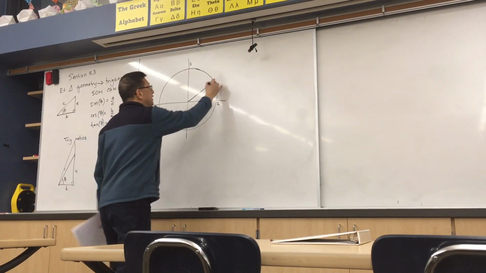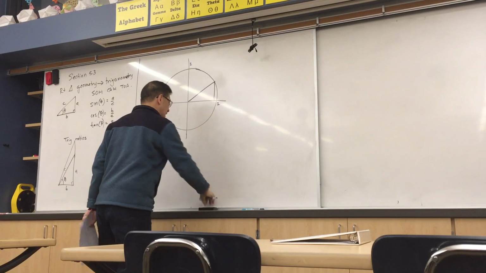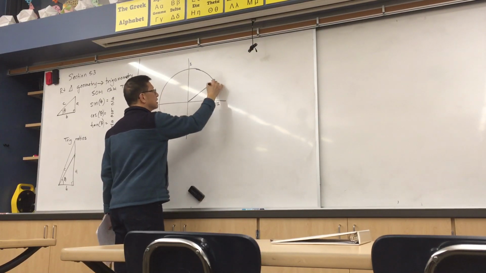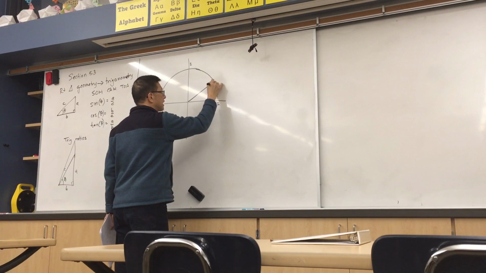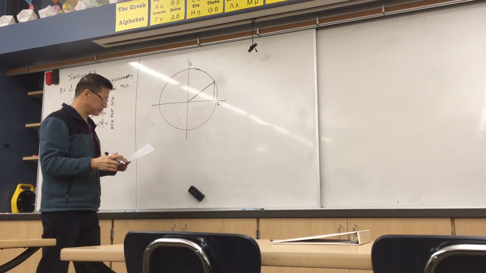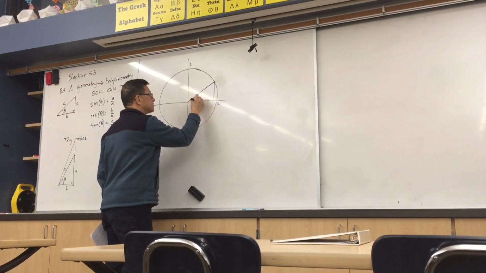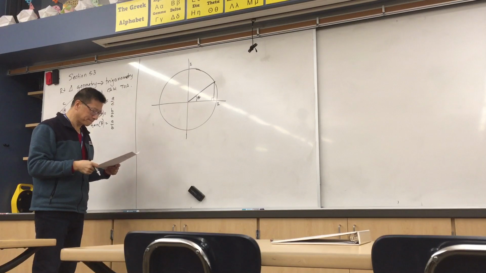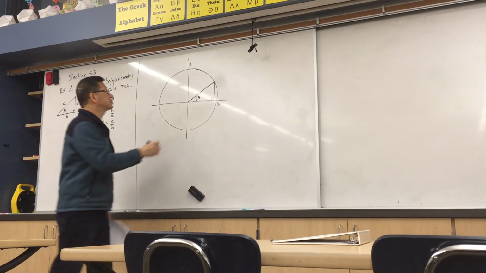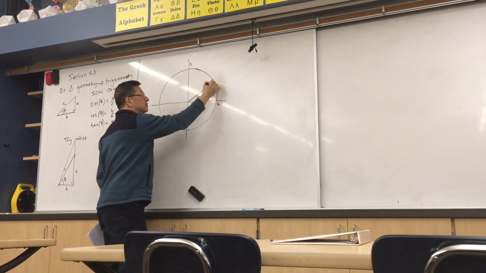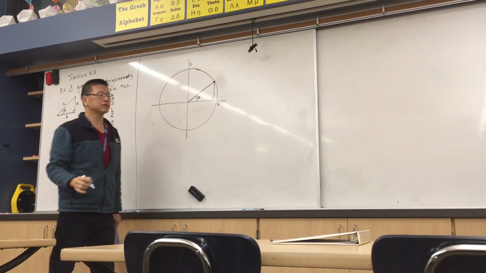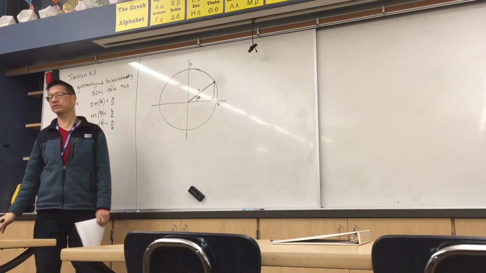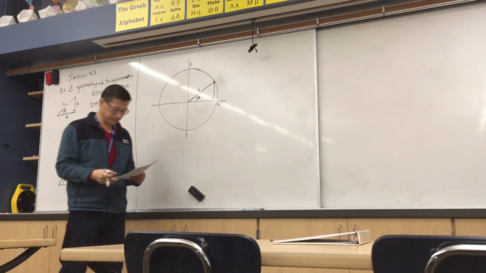Let me draw. If I draw a right triangle in here, and this is theta, and here's my right triangle. This point being on the unit circle, this radius is 1, and therefore the hypotenuse of the right triangle is 1.